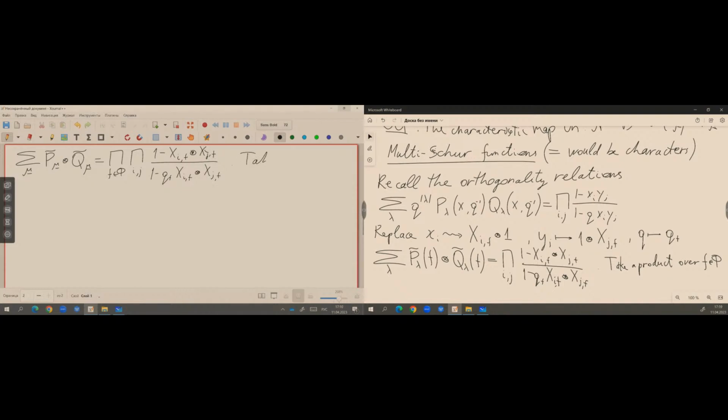Now take the logarithm. What do we get? The logarithm of this sum equals the sum over all irreducible polynomials, the sum over i and j, of the logarithm of (1 minus x_i^f tensor x_j^f) minus the logarithm of the denominator.